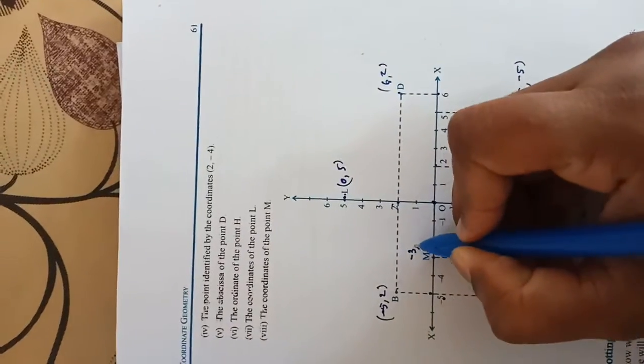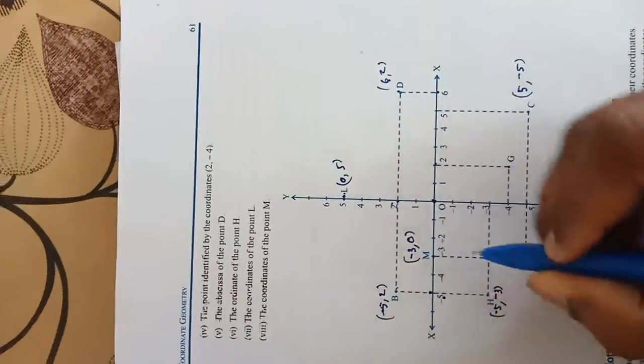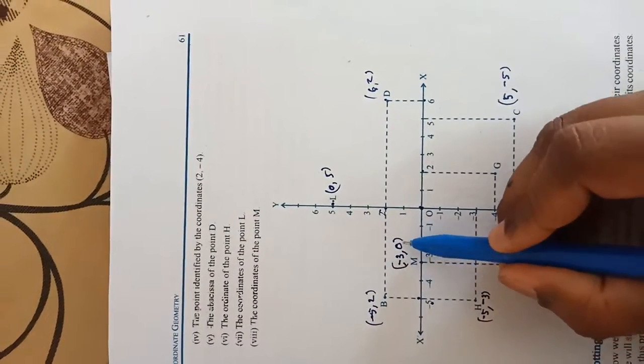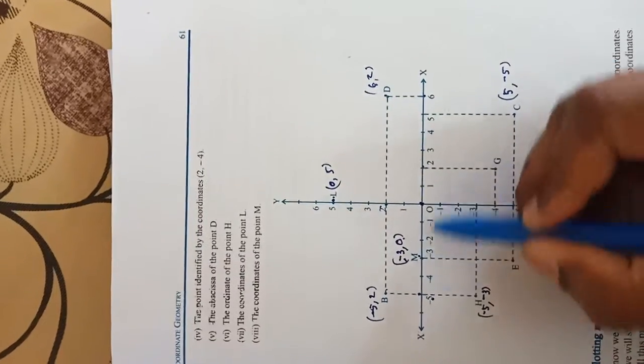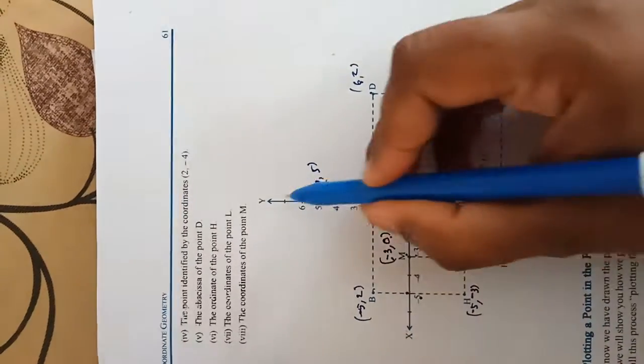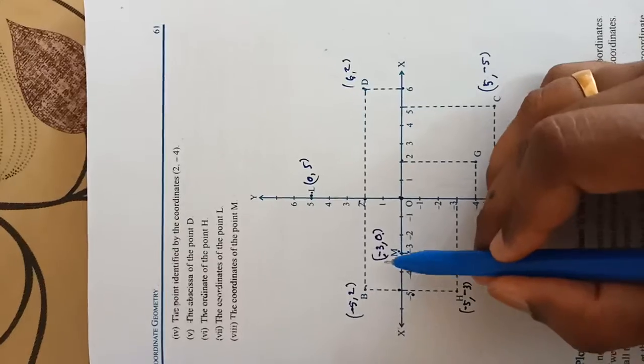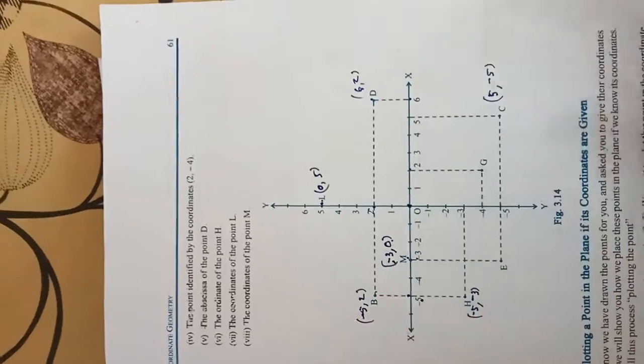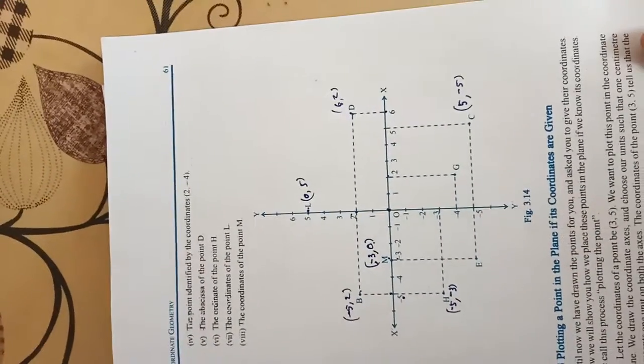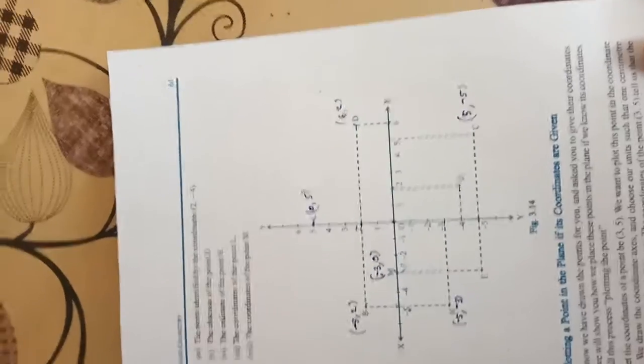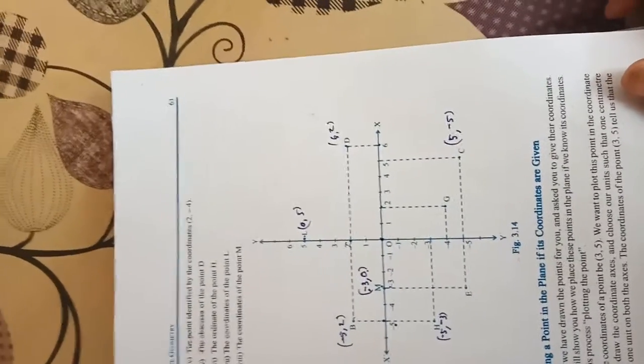So minus 3 comma y value 0. So the answer is minus 3 comma 0. M value x-axis minus 3, y-axis 0. Last answer, coordinate of the point M is minus 3 comma 0.